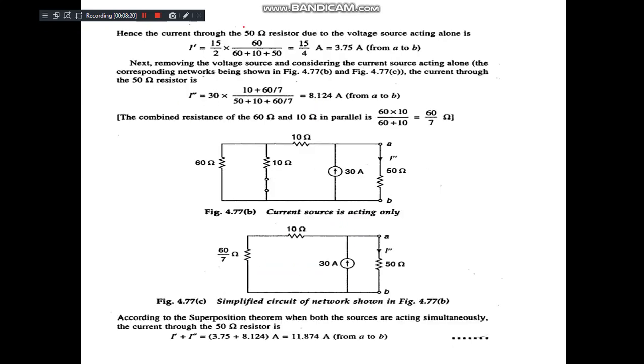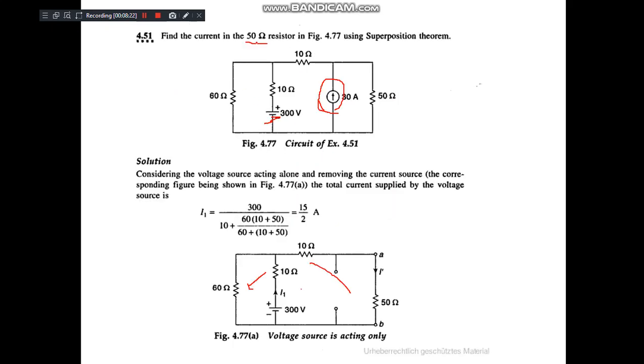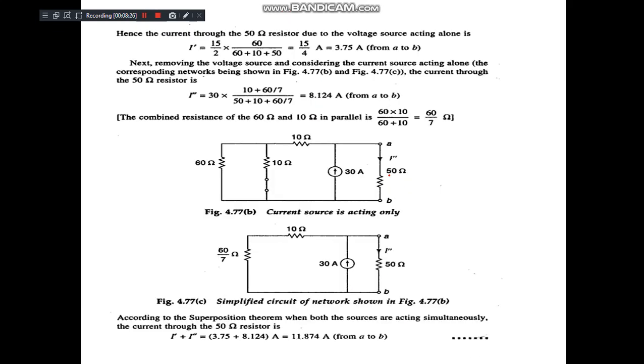Second step, we have to find the current in the 50 ohm. So where is the 50? Here it is. So total current into opposite resistance by total resistance in the loop. So this is I dash. Similarly, we have to calculate I double dash, that is, deactivating the voltage source and activating the current source. From here we can calculate very easily.